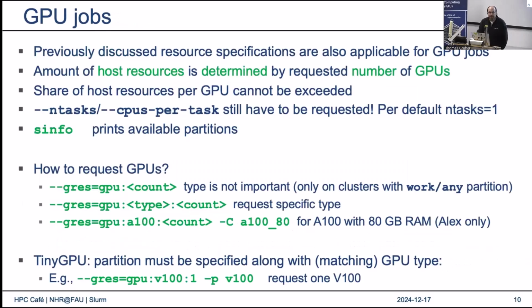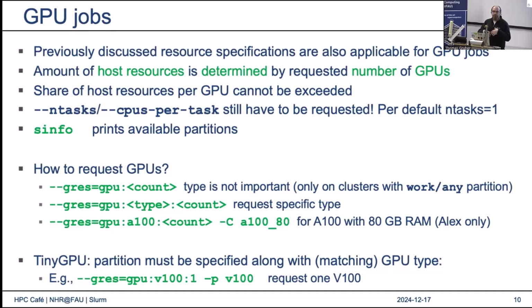For GPU jobs, we already discussed these resource specifications, the sbatch stuff on top, which can also be used for GPU jobs. There are settings for that in Slurm. One important thing is if you specify the GPU, you automatically get a part of the system for it.